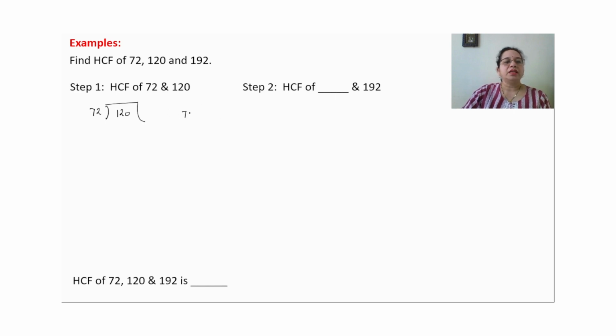Let us try 72 multiplied by 2: 2 2s are 4, 2 7s are 14. The number is bigger, so you can divide by 1. 72 1s are 72, 10 minus 2 will give you 8. Now the number is 1, you cannot subtract, so borrow from here: 11 minus 7 will give you 4. Now consider this as the divisor and the earlier divisor as the dividend.